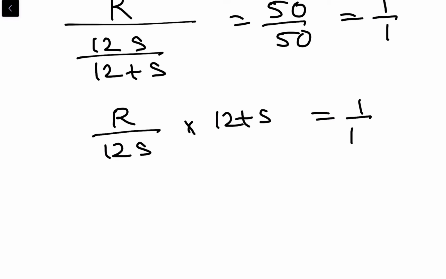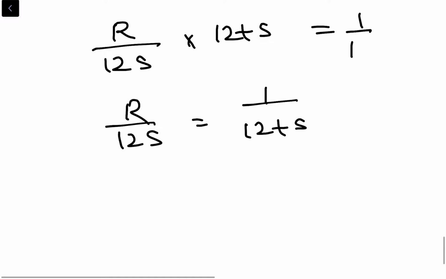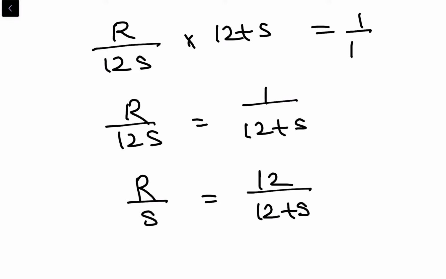Finally, R by 12S is equal to 1 by 12 plus S. I have sent 12 plus S to the right side. Then R divided by S is equal to 12 divided by 12 plus S, because on that side we have 1. Okay, so now let this R by S be equation number 2.